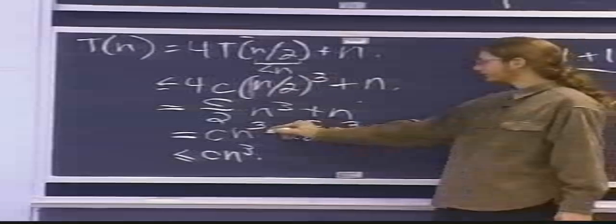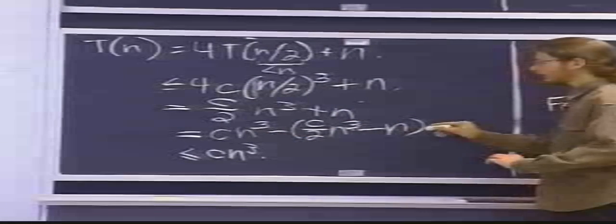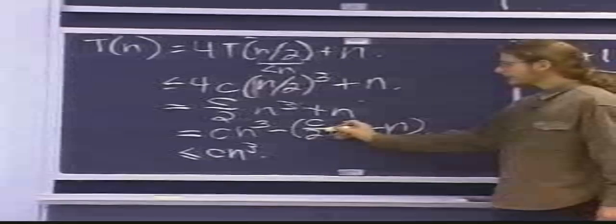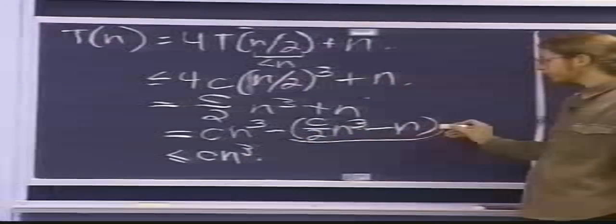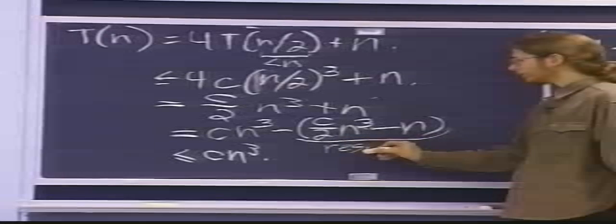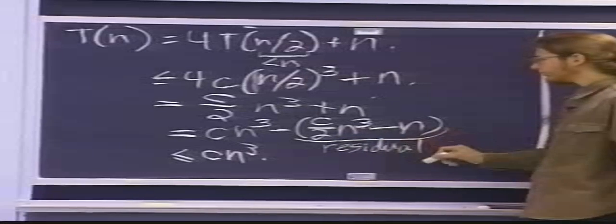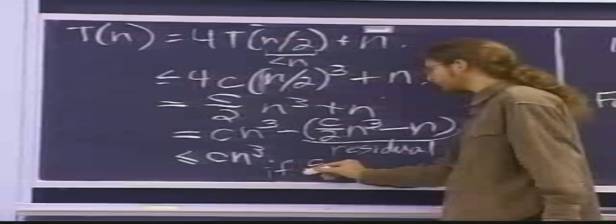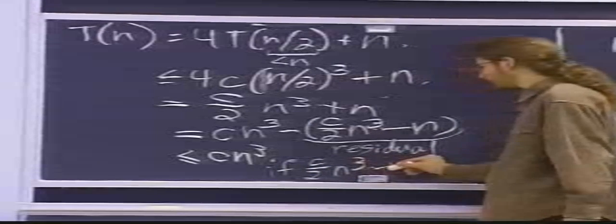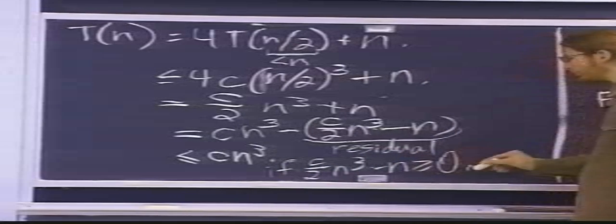The two minus signs here cancel, so you get a plus n, and that's what we want. Now this will be at most c times n cubed as long as this residual term is positive, or at least non-negative. So this is true if c over 2 n cubed minus n is at least 0.